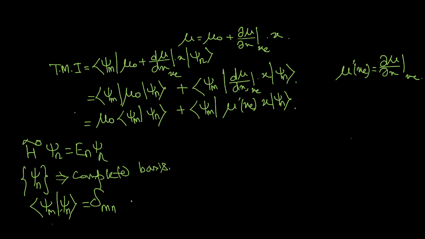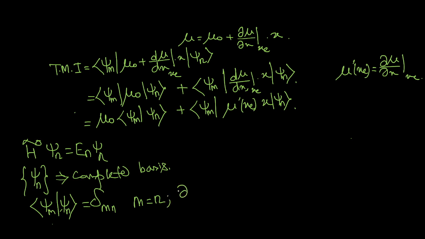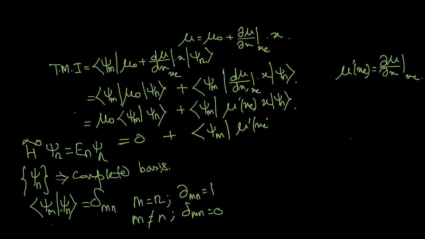If m is equal to n, then delta mn will be 1, otherwise delta mn will be 0. As we said in the previous question, n and m should be different, therefore this term will be 0 and only this term will tell us the selection rule.